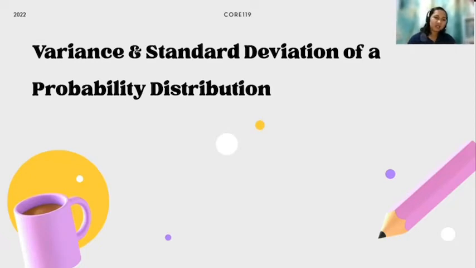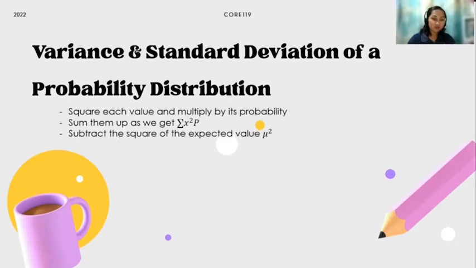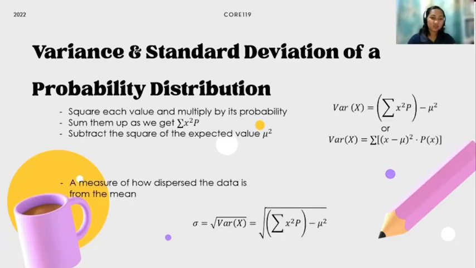But the idea is, if you have a small standard deviation or variance, it means that the distribution of a random variable is concentrated around the mean. And if you have a large standard deviation or variance, it means that the distribution is spread out, with some chance of observing values at some distance from the mean.